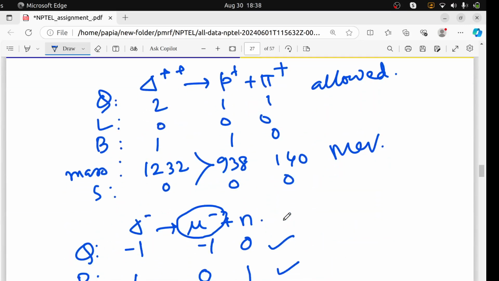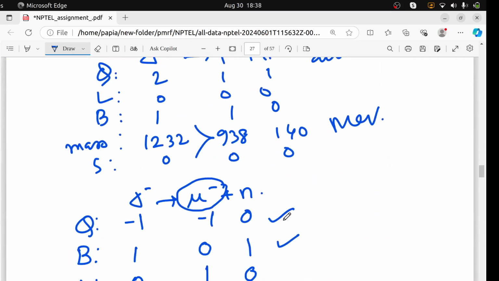Okay. And one more thing: to know which interaction it is, we have to check what the mediator is or what the outgoing particle is for that nuclear reaction. If the outgoing particle is gamma, that means photon, obviously that will be governed by electromagnetic interaction. If the mediator is gamma, that is also governed by electromagnetic interaction.